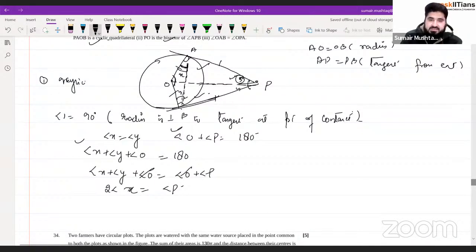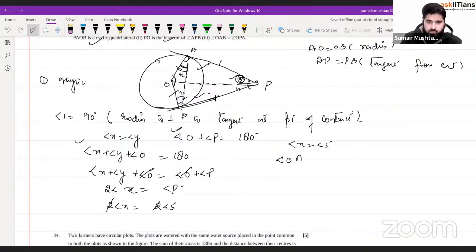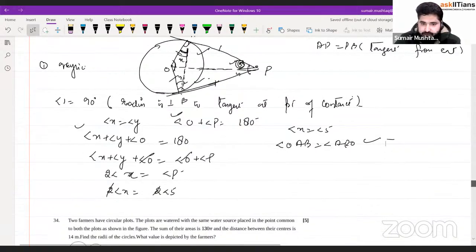Since half of angle P is equal to angle 5, I can write 2 times angle X is equal to 2 times angle 5. This and this will go. So angle X is equal to angle 5. That means angle OAB is equal to angle AT. Simple. Okay. Is this thing clear? Next question.